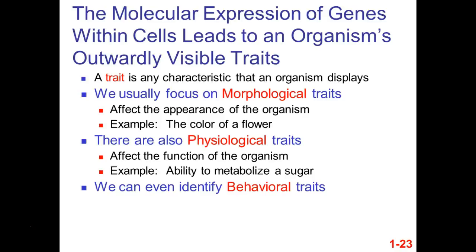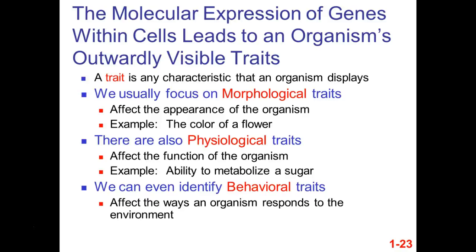So we can even identify behavioral traits, right? So this one is a little more complex. But this affects the way an organism responds to the environment. So the mating calls of birds, like how is it that they can make those noises that they make, those calls? Well, it has to do with how their body is built, right?